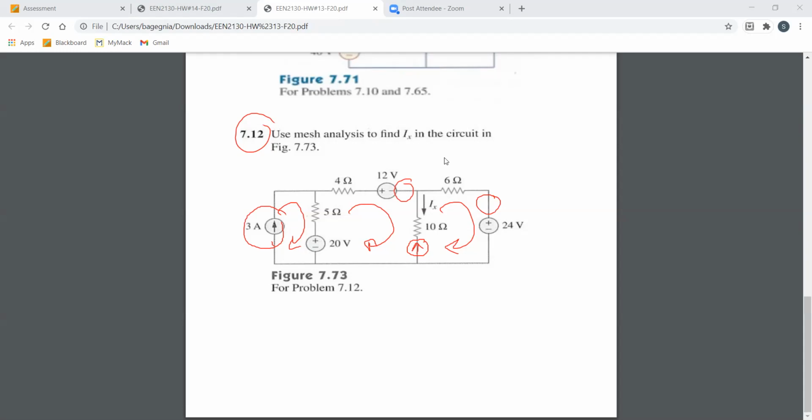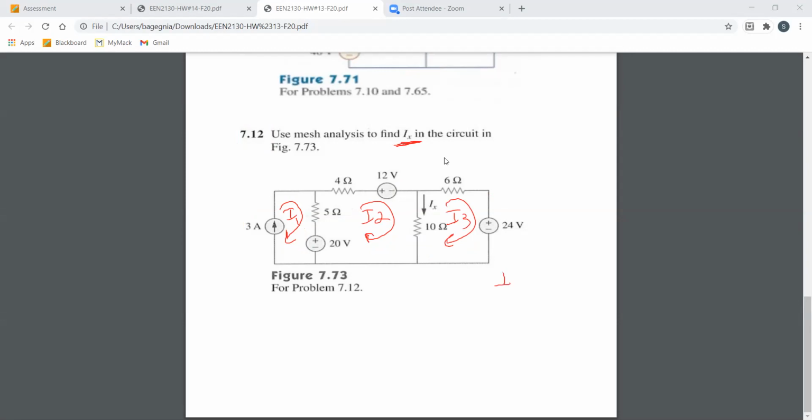So we'll see here, assuming currents here, I1, I2, and I3. Before I move on and apply KVL, he said asking for finding IX.